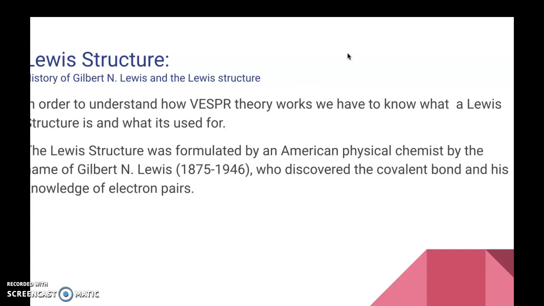So this is basically the basis of how we use VSEPR theory. Once we have a Lewis structure in place, then we can develop our VSEPR theory, and then after that we can determine what the overall shape of our molecule will be.